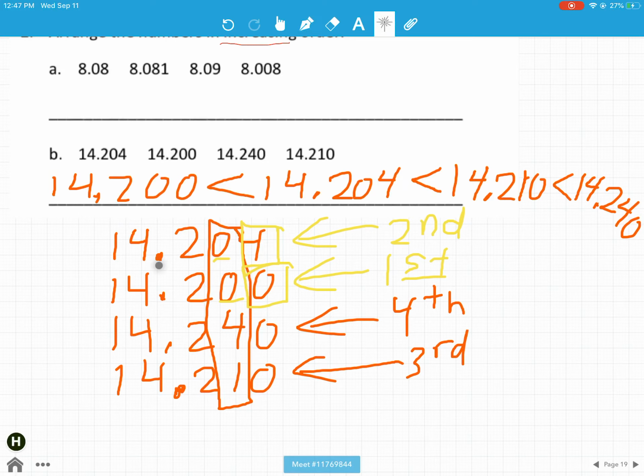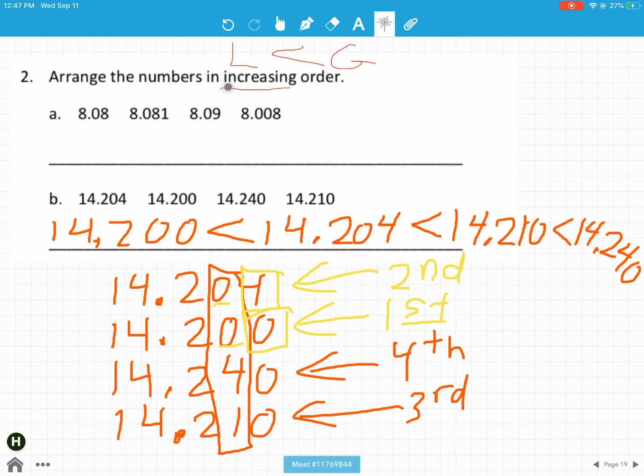So lining them up with the decimal in here, then they can start comparing as they go from left to right. This was asking for increasing, so these numbers are increasing as they go. So least to greatest.